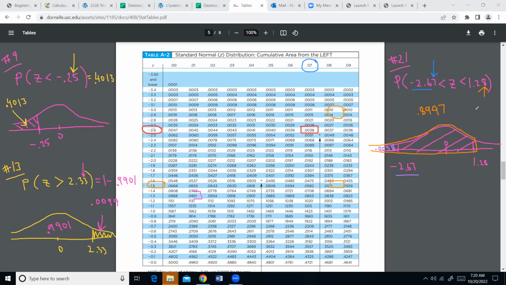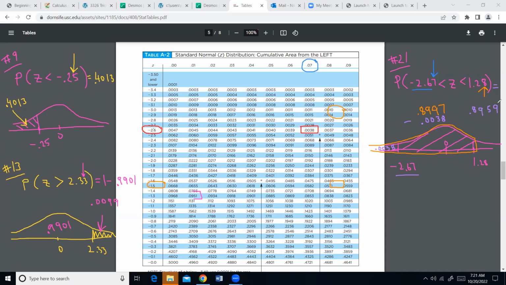And that's what I don't need. That's what I need to throw away or subtract from my whole thing. So when I subtract these two areas, I'm going to actually get the answer. And the answer will have something like 9, and then 5, and then 0.89, and that's it.